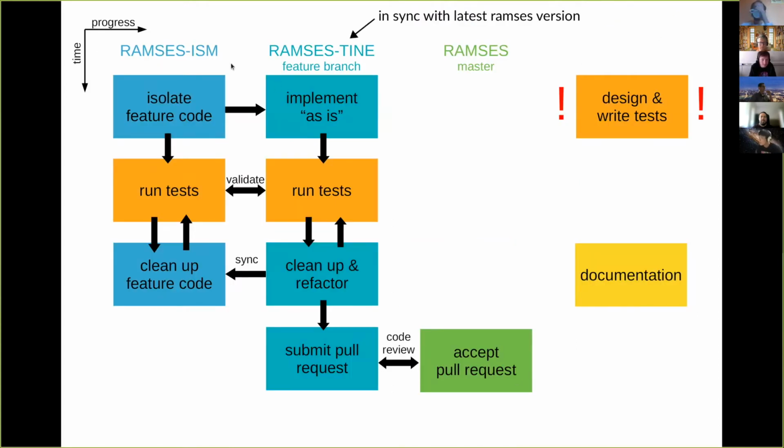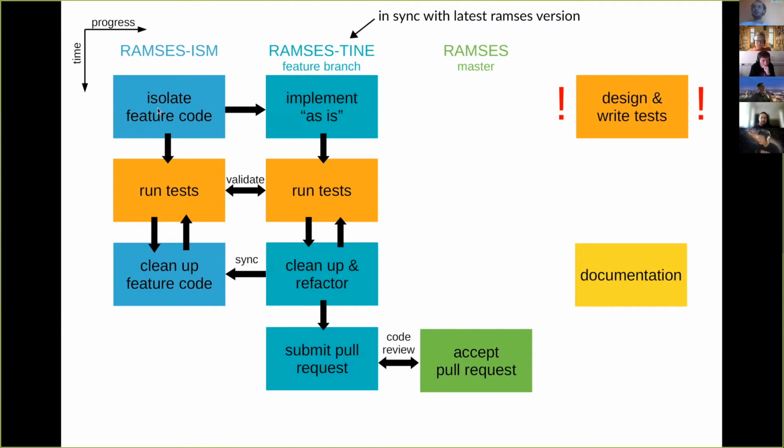For each feature, the procedure we are applying works as follows. We have Ramses ISM on the left and Ramses on the right. In the middle, we have a Ramses development fork, which I keep in sync with the latest Ramses version.